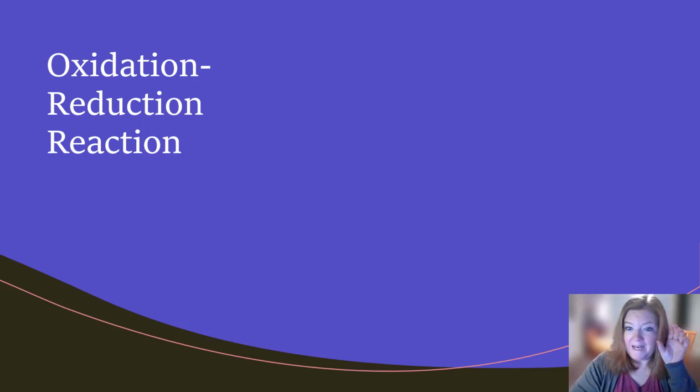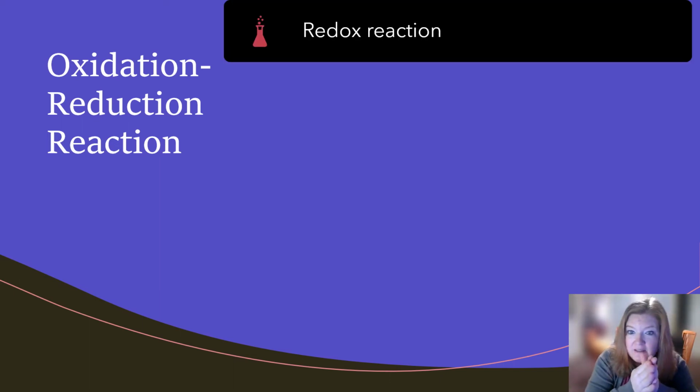All right, so we had oxidation, which was what? Loss. And we had reduction, which was what? Gain of electrons. Which electrons? Valence electrons. We put them together and we get oxidation reduction. Well, that is a whole lot to say, so we usually just say redox.